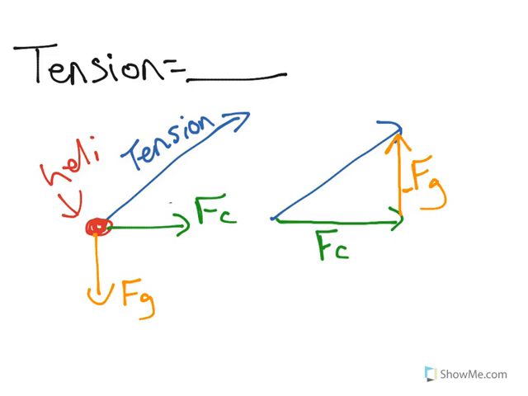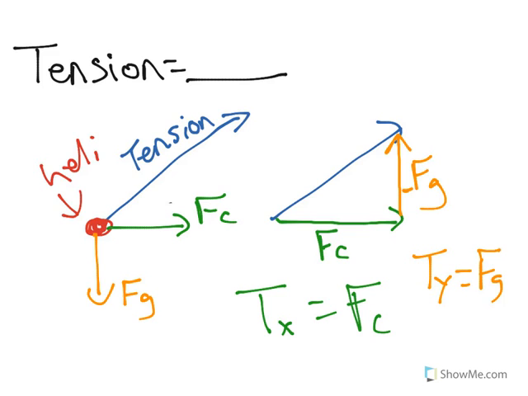The tension is keeping it up in the air by resisting the force of gravity and keeping it in the circle by being the centripetal force. So essentially we can write this as the tension in the x direction is equal to the centripetal force, and the tension in the y direction is equal to the force of gravity.